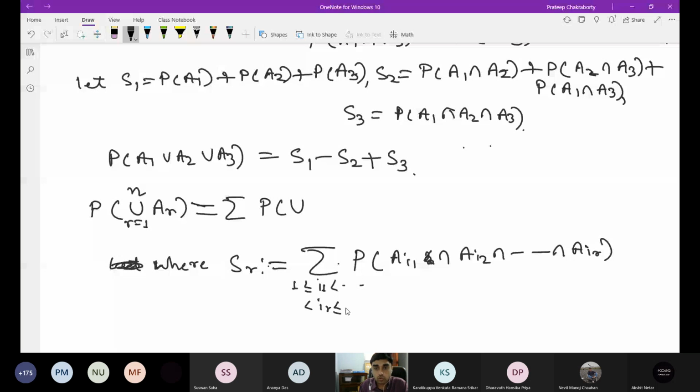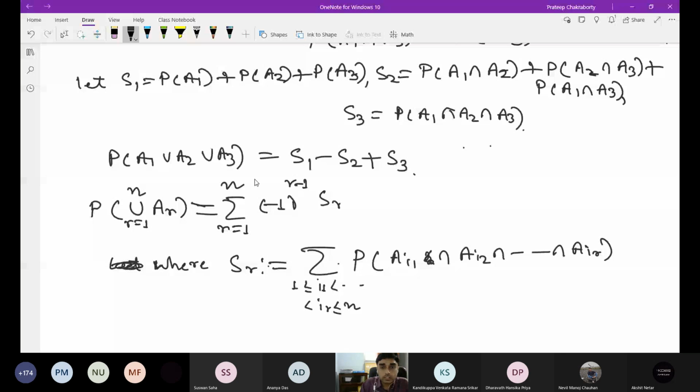So no two of i1, i2, ir are the same. Everyone is different from the other. Okay. So this is denoted by Sr. Now we write this as the summation of minus 1 power r minus 1 times Sr, where r is equal to 1 to n.